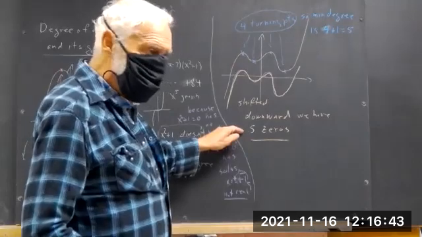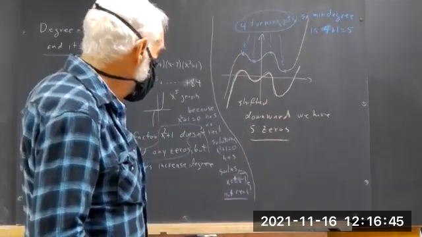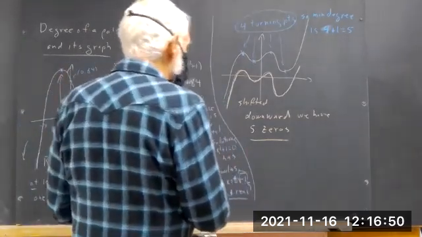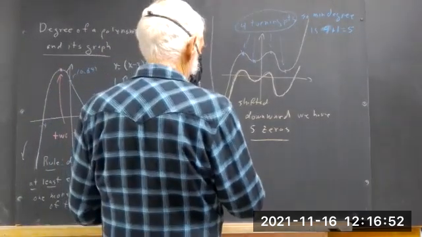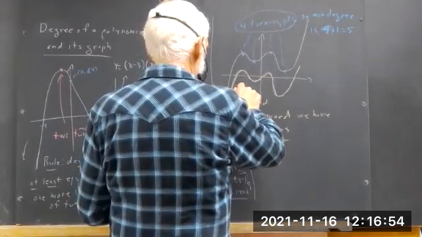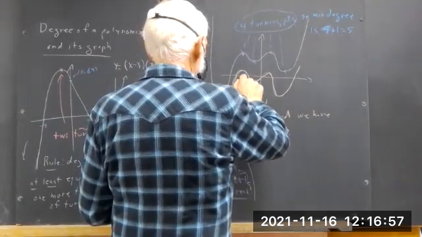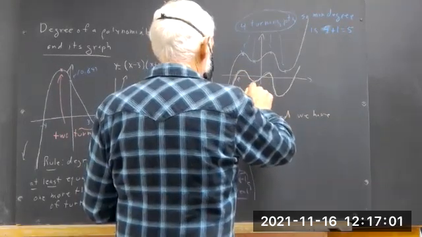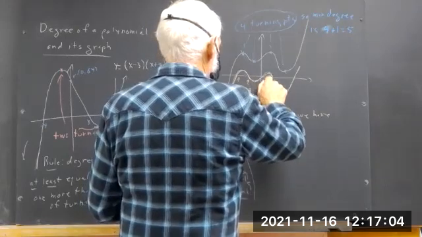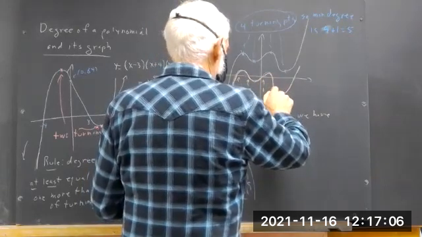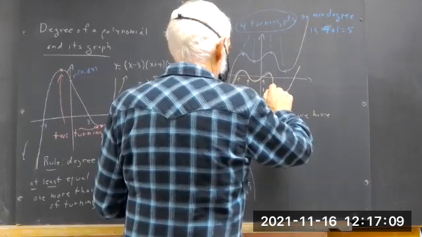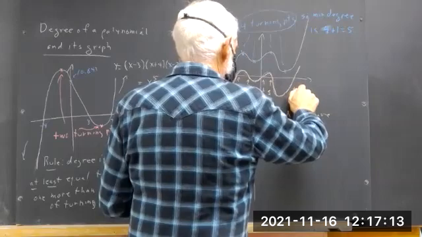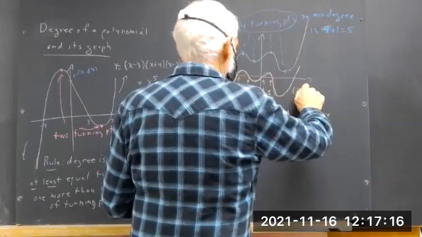If you got 5 zeros, well, let's just say the zeros are at negative 12, negative 8, 1, 5, and 1.